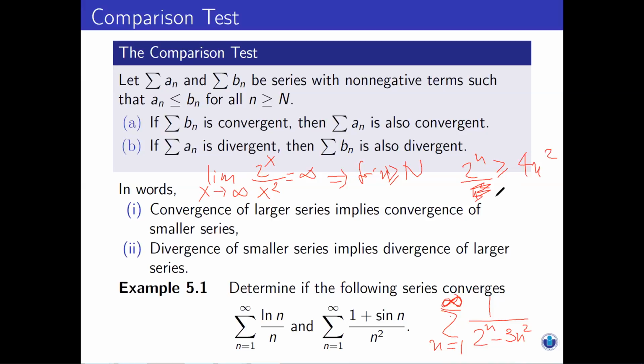So that implies that 2 to the n minus n squared is bigger than n squared, and when you flip it, you have less than 1 over n squared. And so this is a p-series that converges, so this one also converges. Any questions?